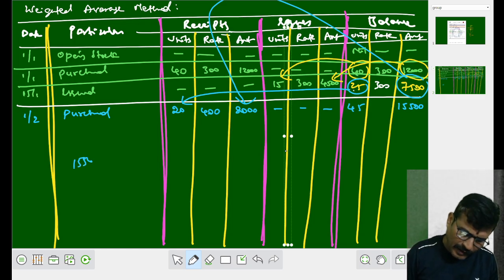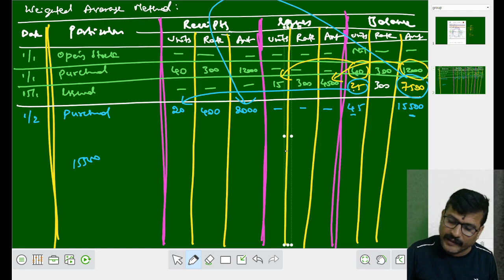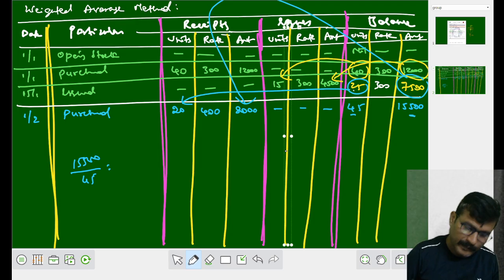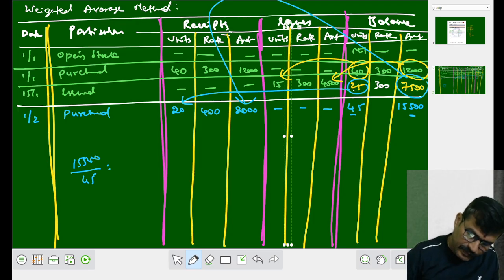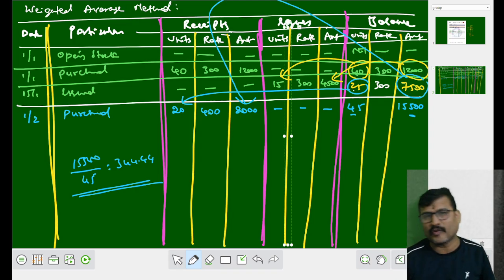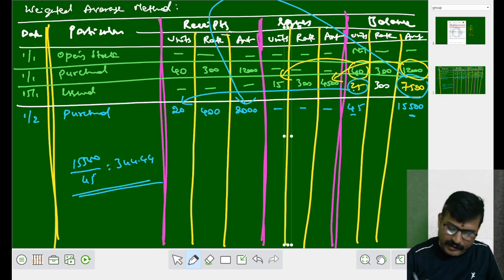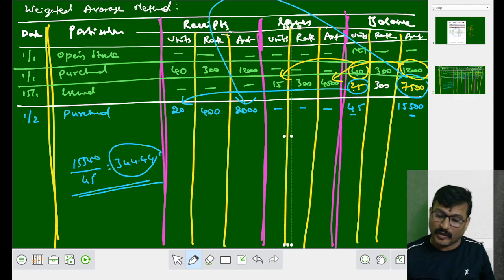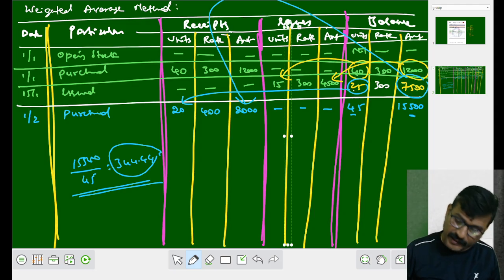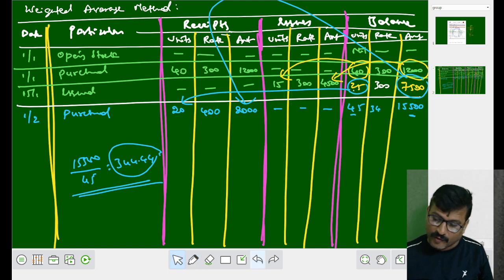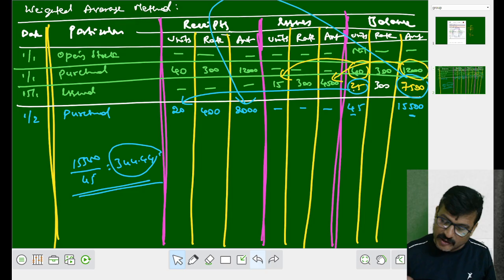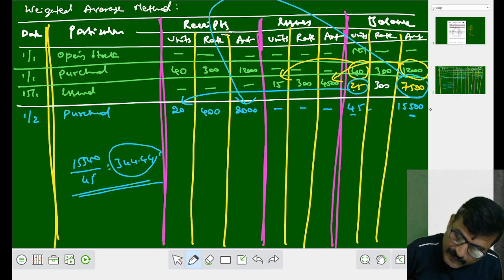How to work out the rate? 15,500 divided by 45 comes to 344.44. So now I have to write 45 units, 15,500, 344.44. The available space is very less.